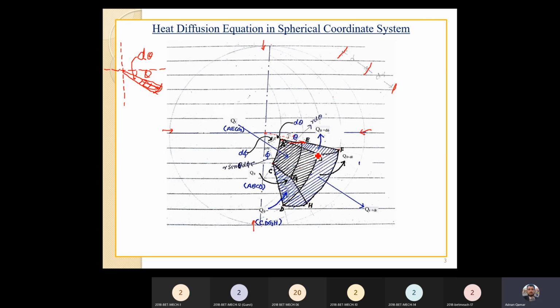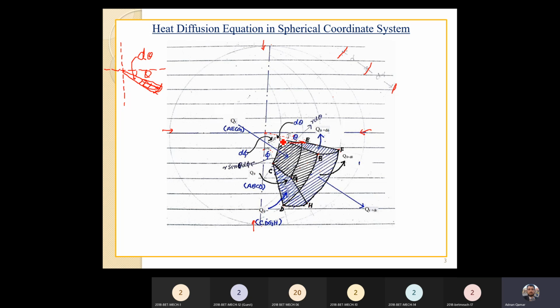The upper surface is making an angle theta with the horizontal surface, and the vertical side, this side A, B, C, D, is making an angle phi, the angle of this surface. It doesn't mean that if this line is from here to here, from line C to D, it is only representing the angle of line C and D.